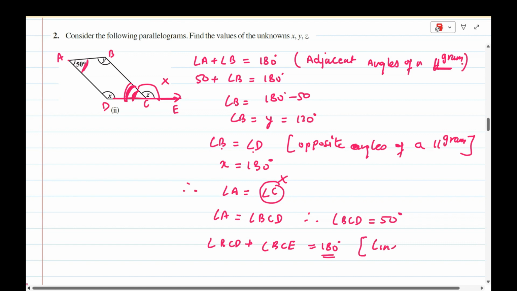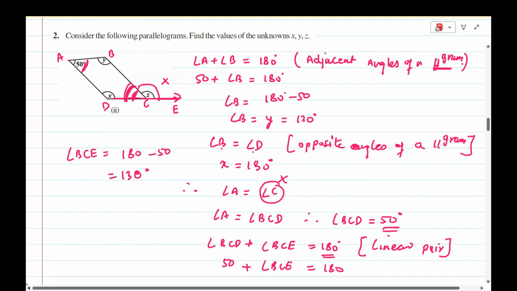Instead, it is a linear pair because they are making one straight line. BCD I have just calculated, which is 50 degrees. Angle BCE I need to calculate, and after this it is very simple, just solving it. 180 minus 50, so it is 130 degrees.